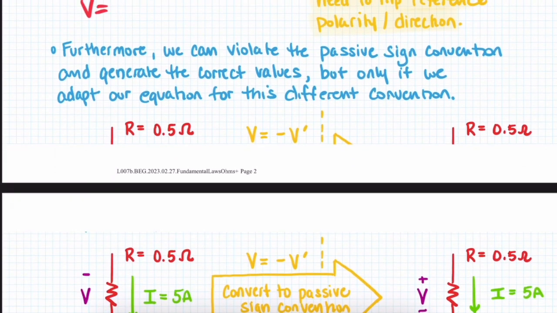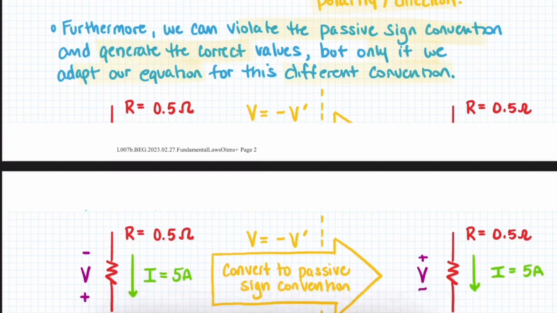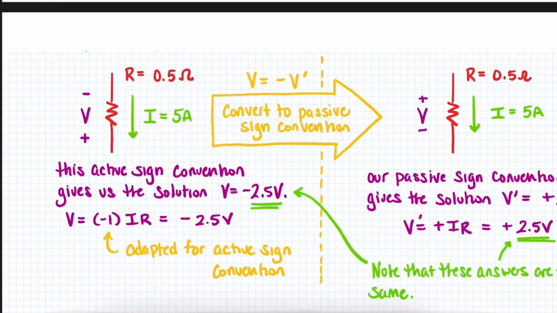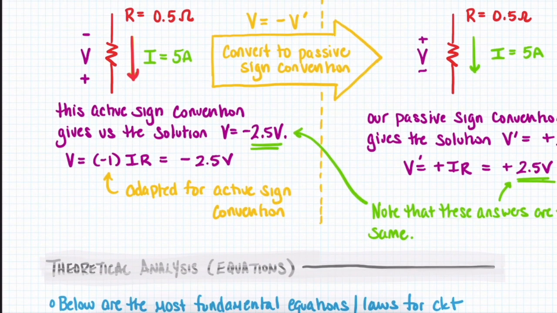Furthermore, we can violate the passive sign convention and generate correct values, but only if we adapt our equation for this different convention. This figure here is similar to the example I already gave. Here we have a current that's flowing from the negative to the positive terminal, and we can still calculate V using Ohm's law.